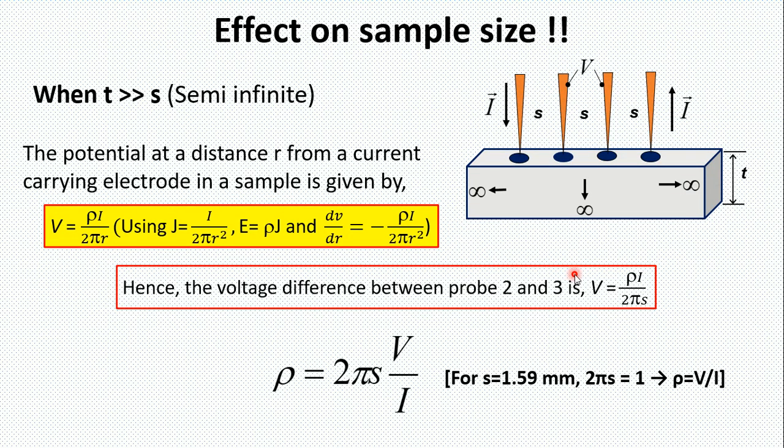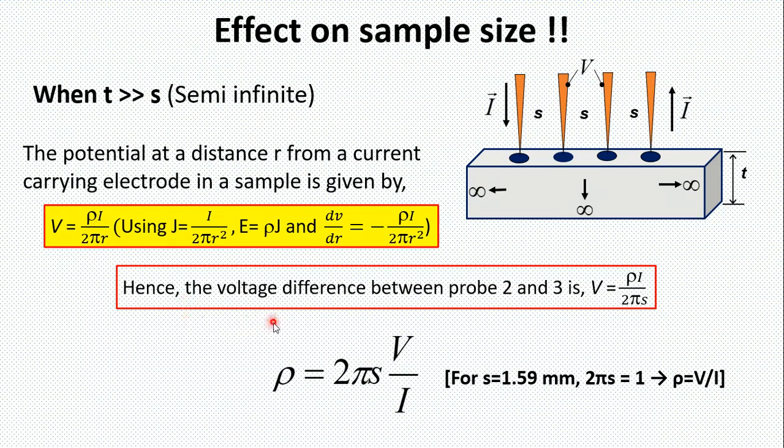Hence the area is 2 pi r squared for a hemisphere. And from the relation dV divided by dr equal to minus rho I divided by 2 pi r squared, we can calculate the potential V equal to rho I divided by 2 pi r.